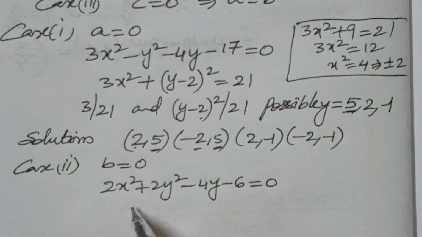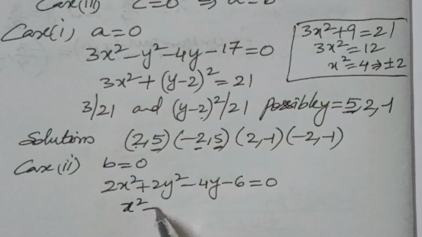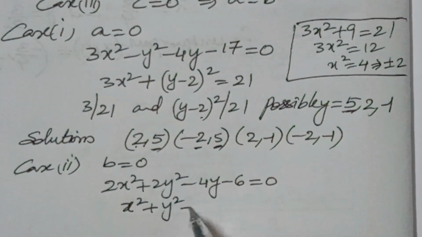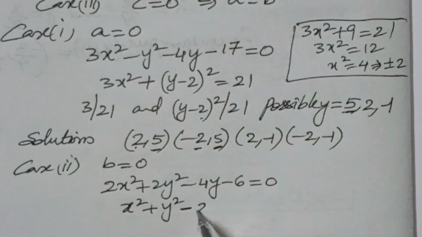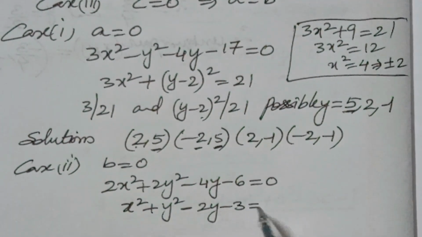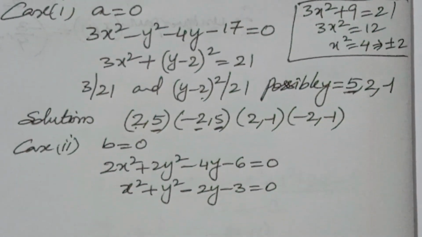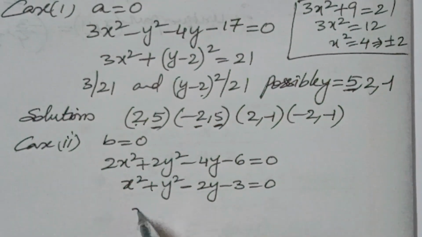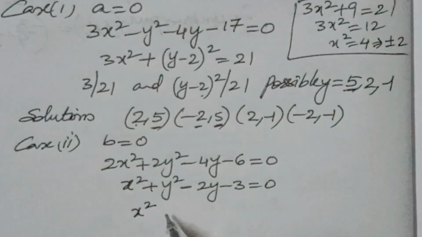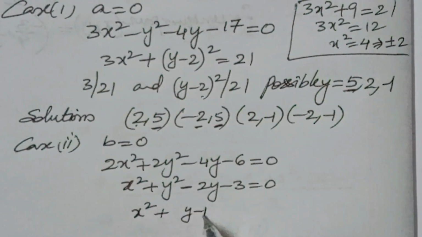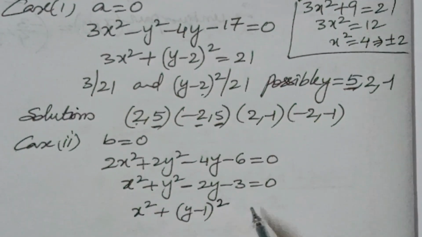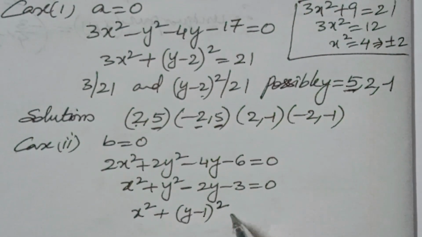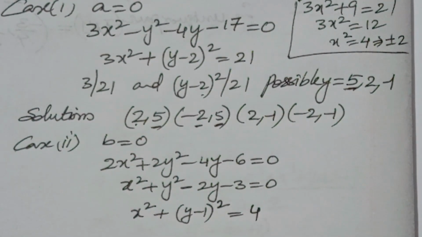So if you remove, taking 2 common, x square plus y square minus 2y minus 3 equal to 0. So this can be written as x square plus y minus 1 whole square is equal to 4.